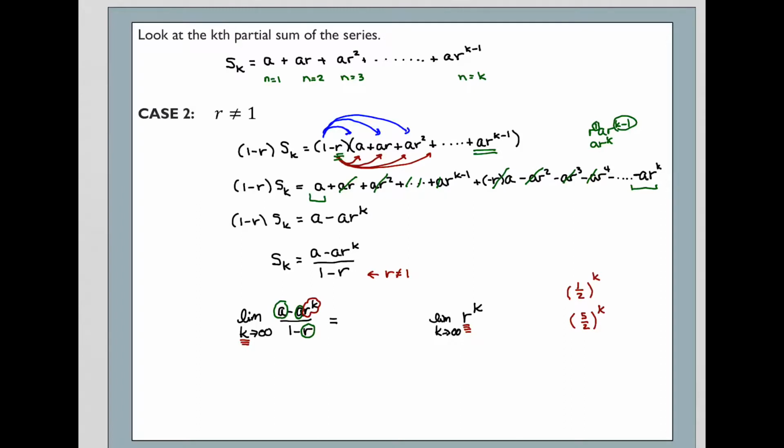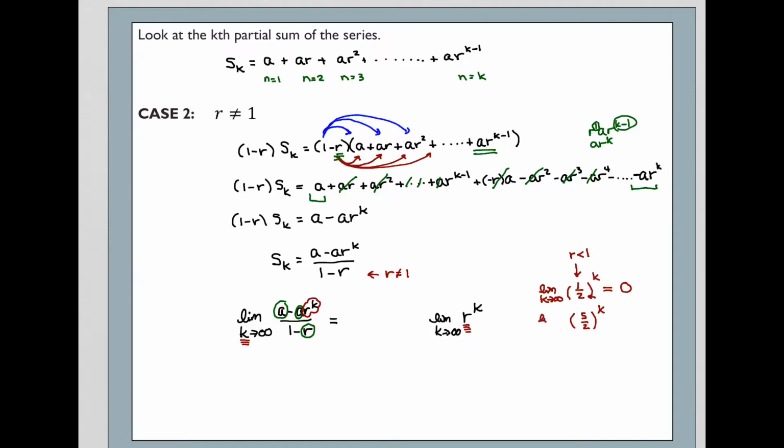Do you remember that if R was a proper fraction, meaning R was less than 1, what happened as K went to infinity? What did we say happened? It went to 0, didn't it? Because the bottom grew infinitely faster than the top. And so this whole limit went to 0.